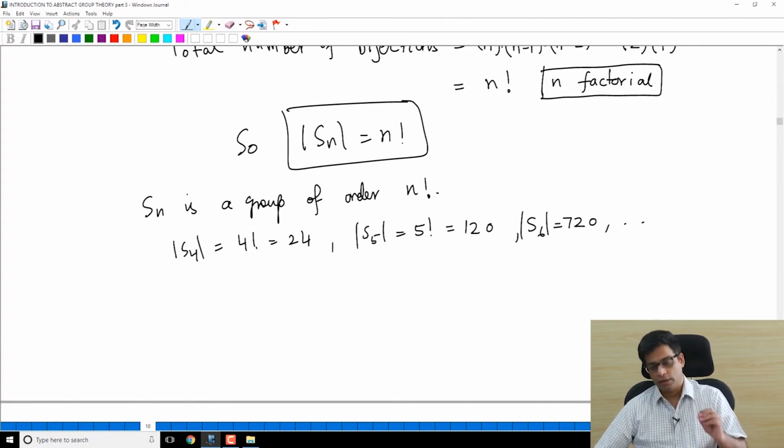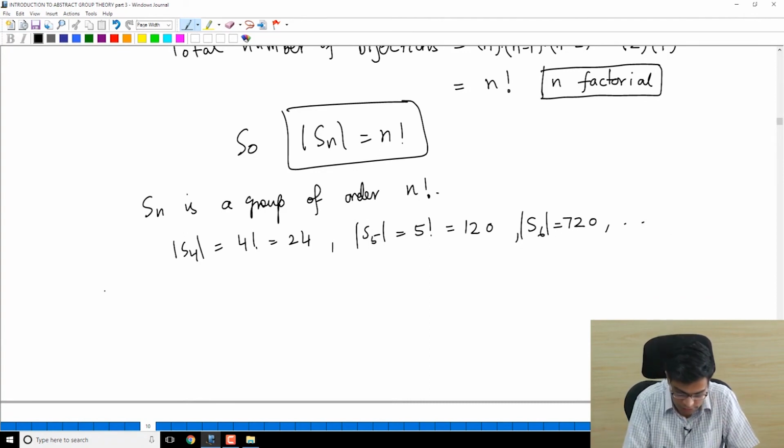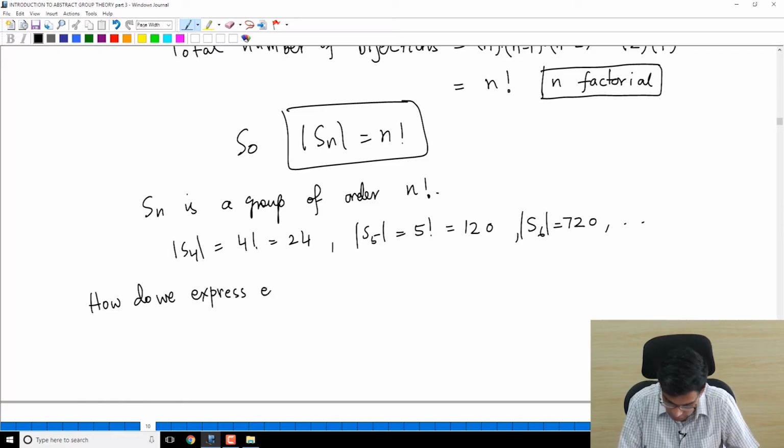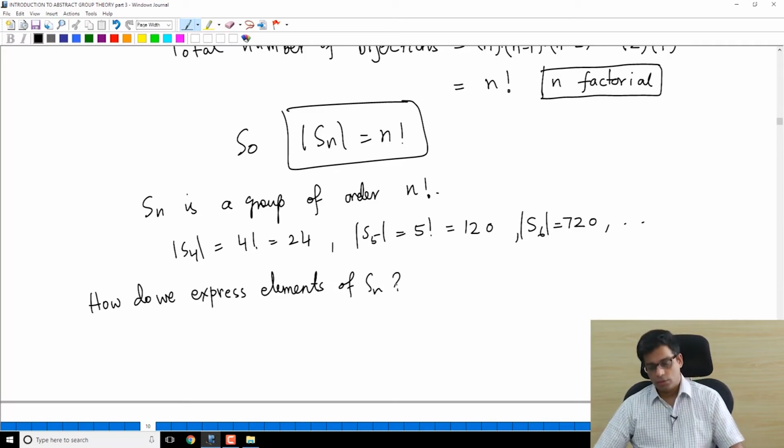Now how do we express elements of Sn? This is the next question. There are several ways of expressing elements of Sn. We want to choose one which is most convenient in the sense that it is efficient, we don't need to write a lot of text, and it's easy to work with in terms of multiplication of elements, in terms of figuring out whether an element is in a subgroup, things like that.